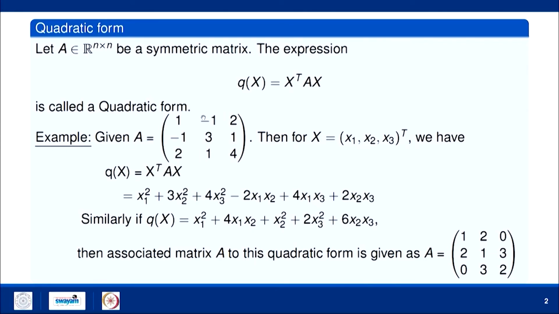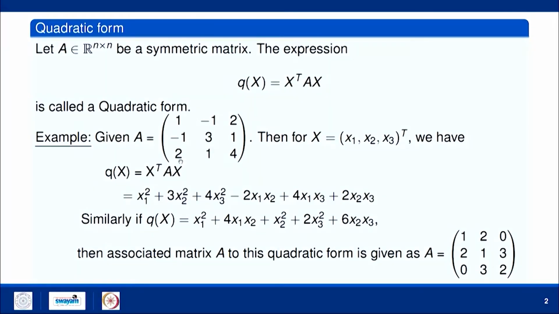Then the quadratic form of A is given by q(x), where x is a vector in R 3 with components x 1, x 2, x 3, and it is x transpose A x.